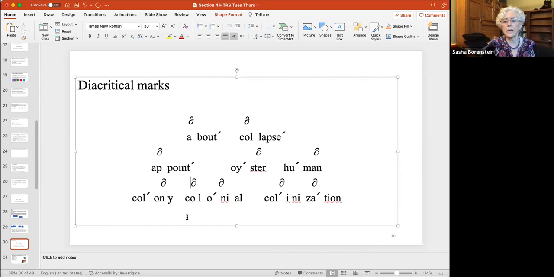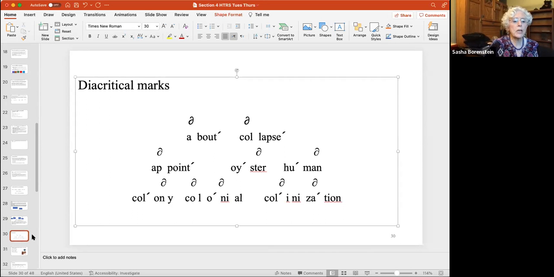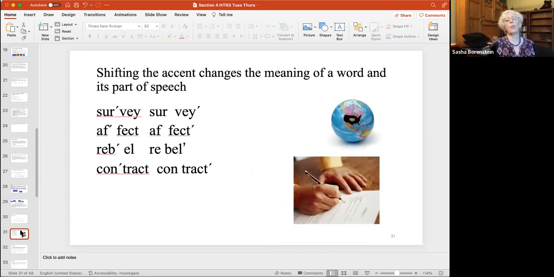Now it's in the right order. So here's an example of why accent is important. When you have words like survey, affect, rebel, contract, if you change the accent pattern, you change the word from a noun to a verb.